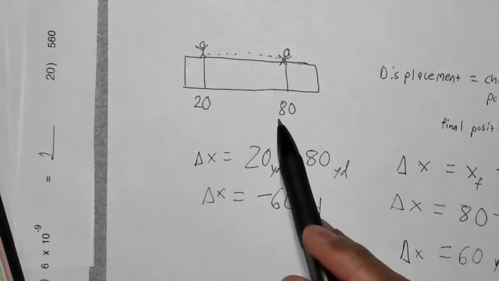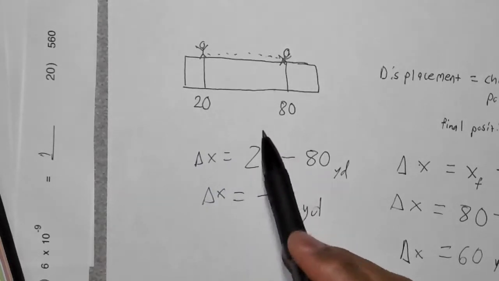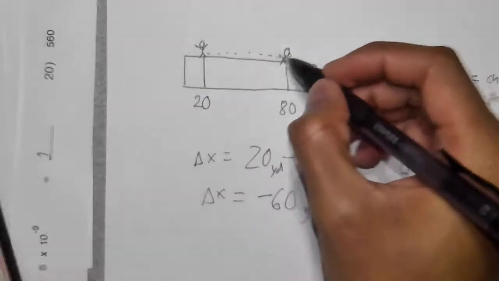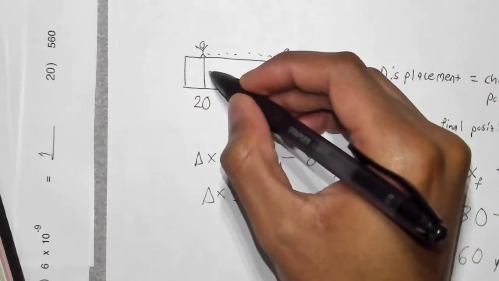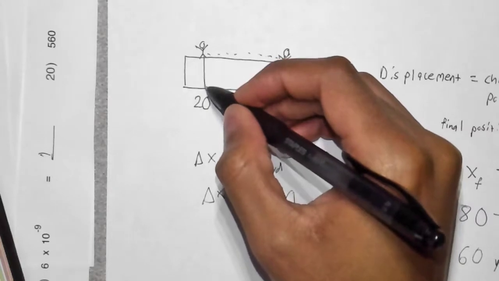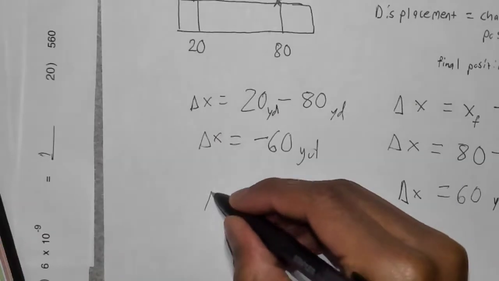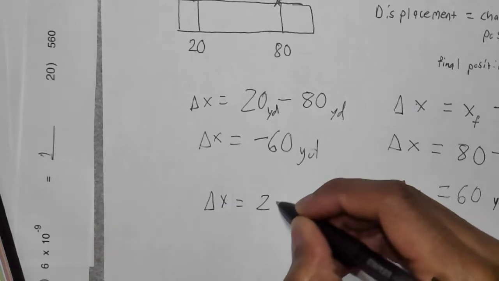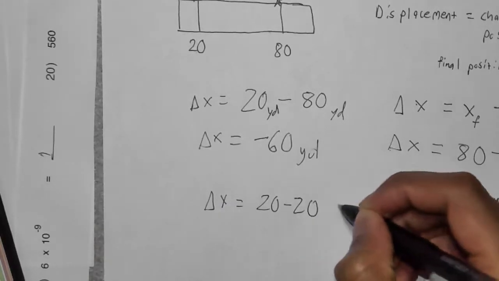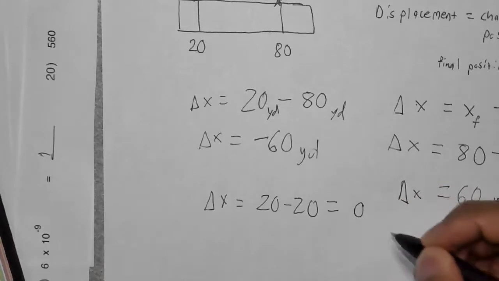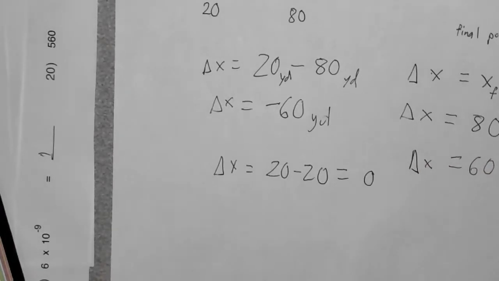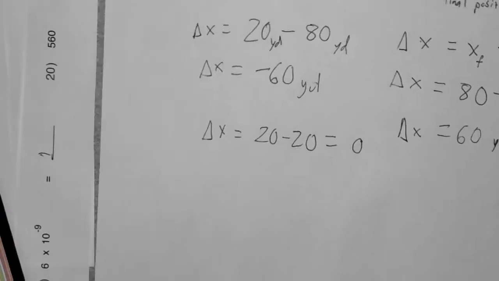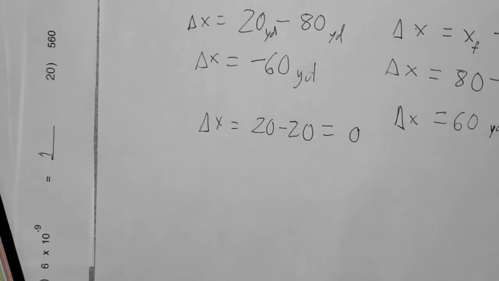So you've gone 120 yards. But since you started here, went here, and then came back, you started and ended at the same spot. So your displacement in this situation would be 20 minus 20 equals 0. So while it's helpful to think of distance when you think of displacement, remember the two are not exactly equal.